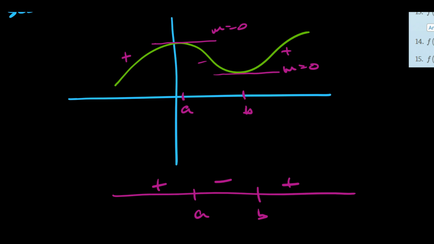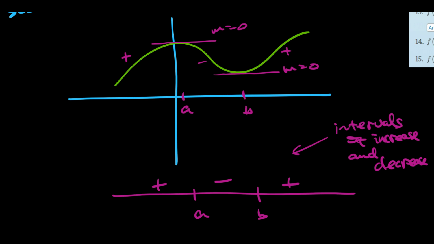So we call these the intervals of increase and decrease. What I want you to notice also is that there's something called the concavity here. If you look at this part right here and then the part right here, the concavity is different. It looks like it's concave down here and then up here.